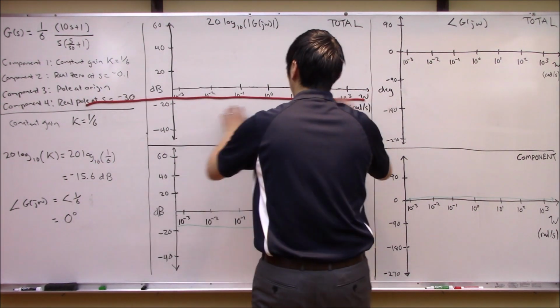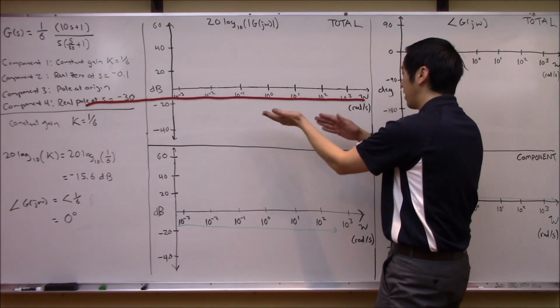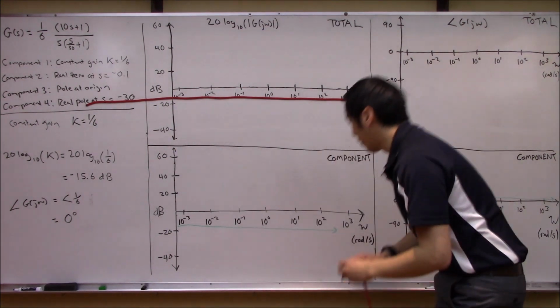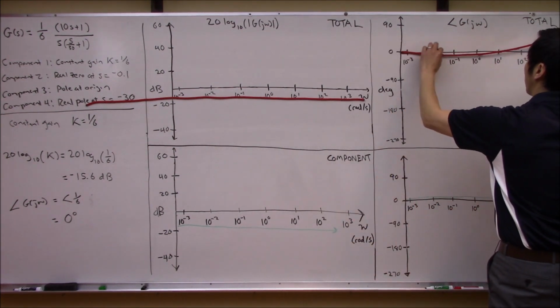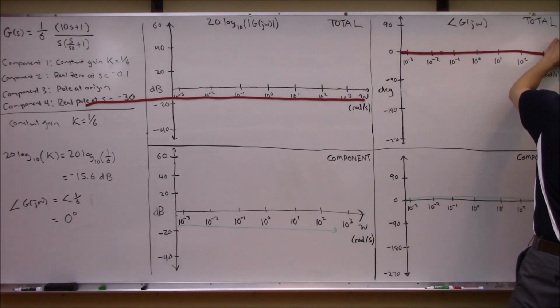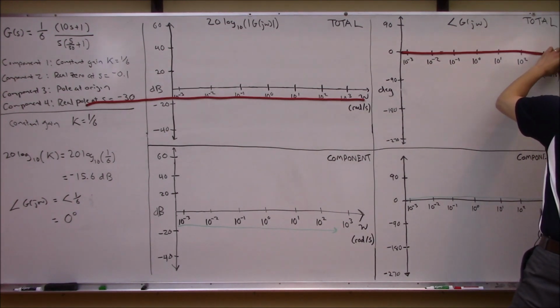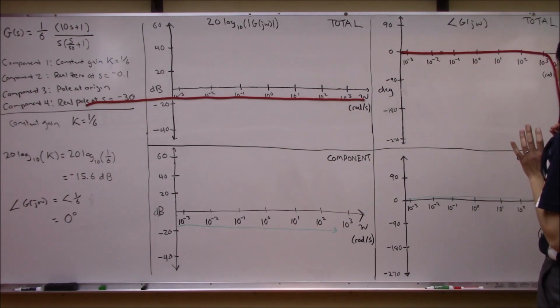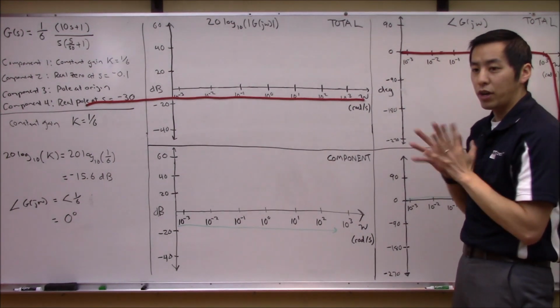But okay, this is a total magnitude plot, where I take component 1 and linearly add it to nothing, so I just get that. And then the phase here is just a constant 0 for all time. Okay, that's what my phase looks like. We will come back to this in a second, and hopefully this will look a little cleaner. So now we've got the first component.